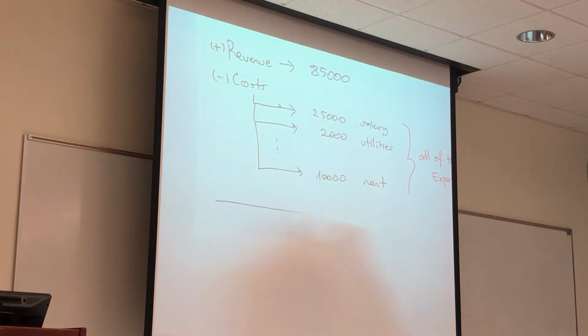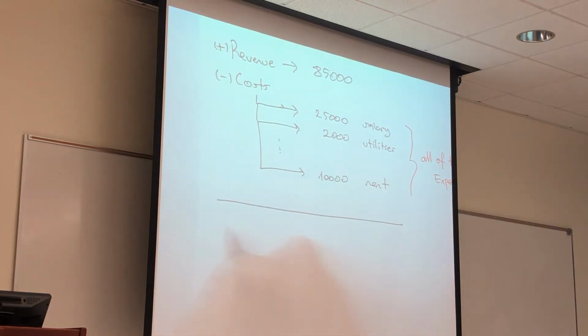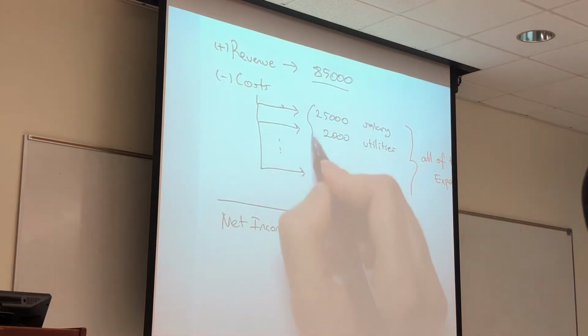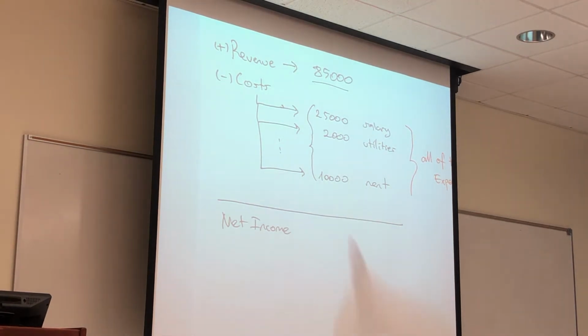So now we do the thing that we want and get net income. Net income will be equal to, as you all remember, $85,000 minus all these costs. And I did the math before, I hope you trust me. And this will be equal to $14,000.